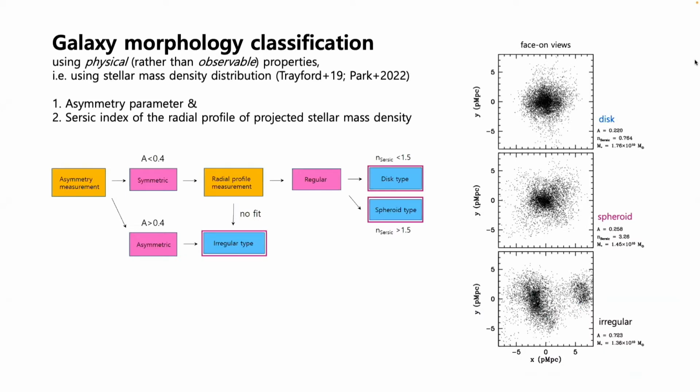Then we identified galaxies and made a morphological classification based on stellar mass density distribution. We calculate the asymmetry parameter and the Sersic index. When the asymmetry parameter is less than 0.4, we call them symmetric galaxies. And if it's greater than 0.4, they are asymmetric and classified as irregular.